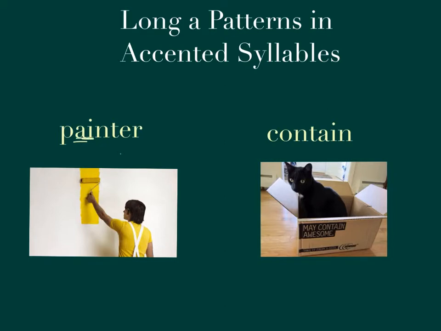Let's look at the word contain. This word also has a long A digraph, but the digraph is in the second syllable. Listen as I say the word, contain. The syllable with the long A sound is in the accented syllable.